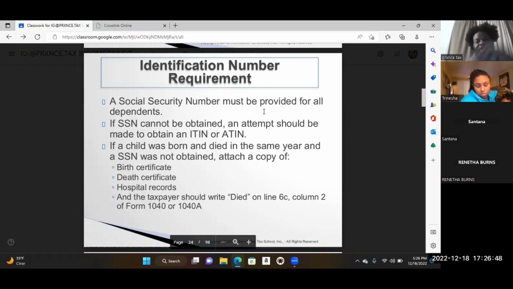Each state is different, but in the state of Georgia, when you have taxpayers that are coming out of the state of Georgia, their tax refund for the state of Georgia will be huge, especially when they have a situation where they're claiming an unborn child. In Georgia it's due to the first heartbeat, something like that.